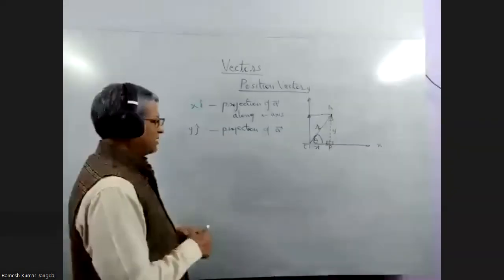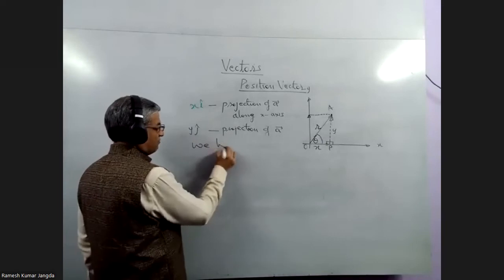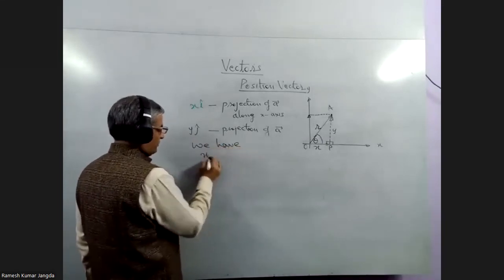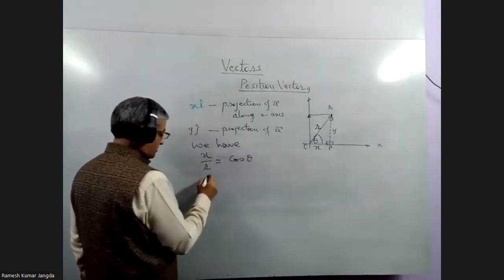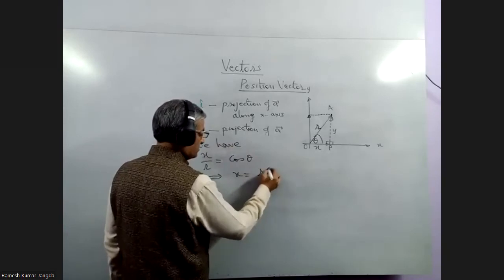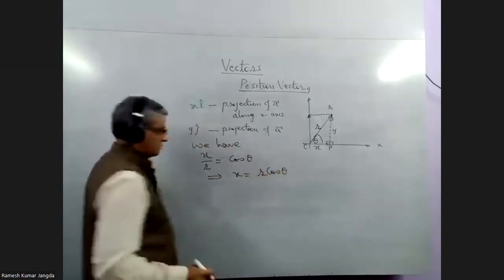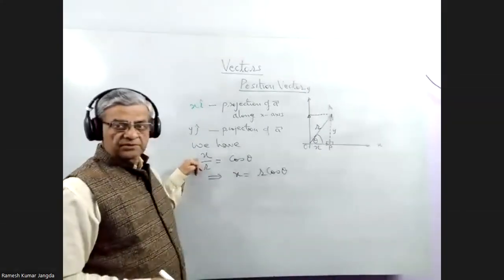Okay, बेटा ध्यान रखो इस चीज को. So we have x upon r is equal to cos theta. So this gives me x is equal to r cos theta. So r and theta, if I use like this, I will get the value of x.